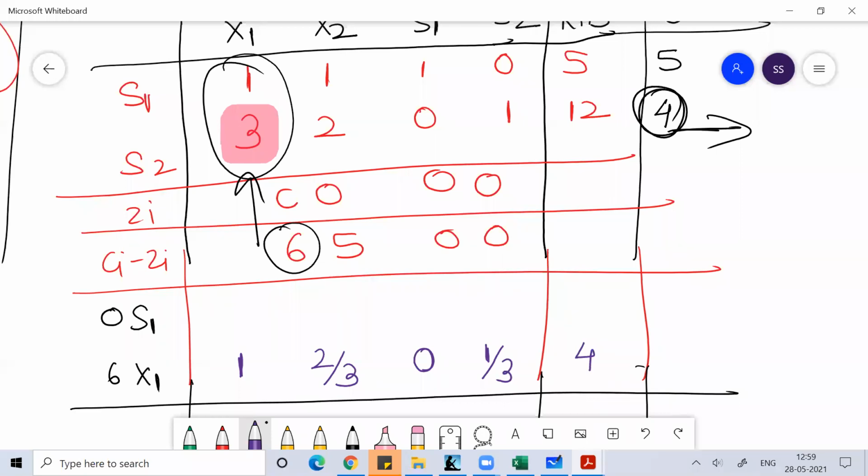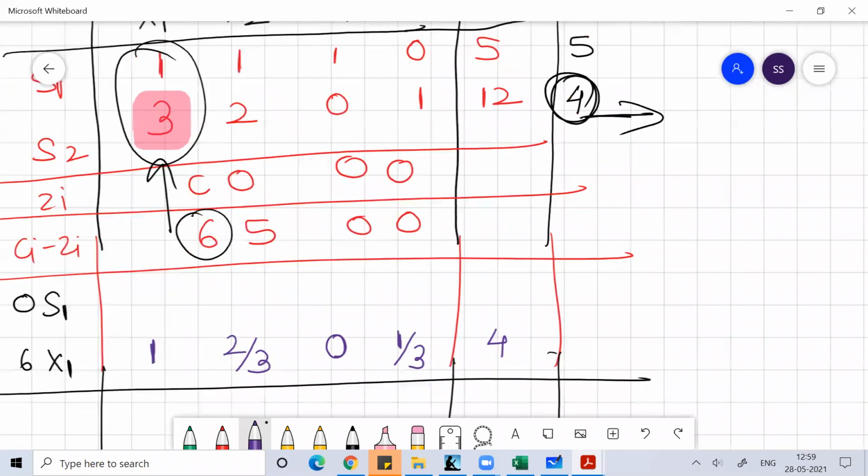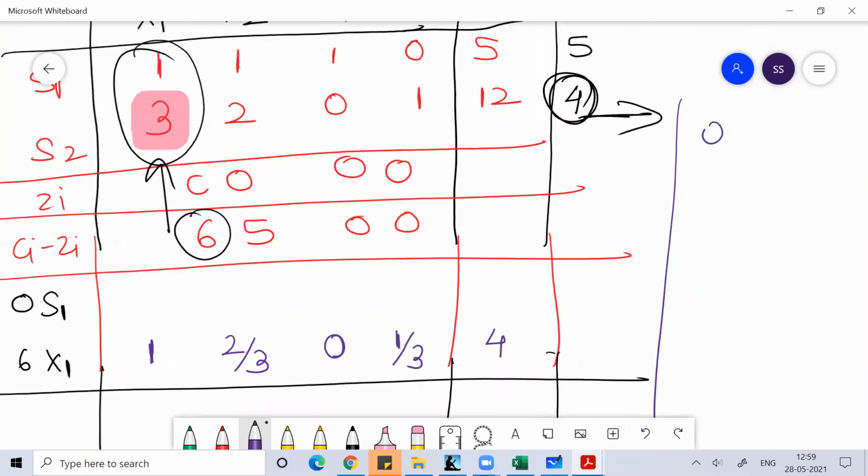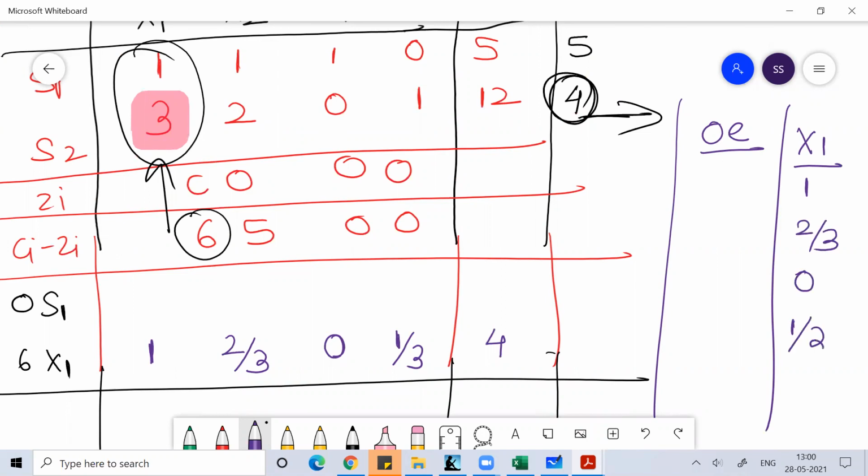Once you get this, now I'll find the new row for S1. The x1 row I got by dividing all the previous elements of S2 by the pivot element, so that was 1, 2 by 3, 0, 1 by 3, 4.